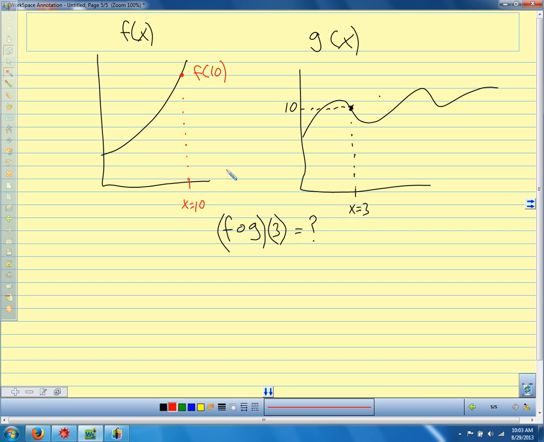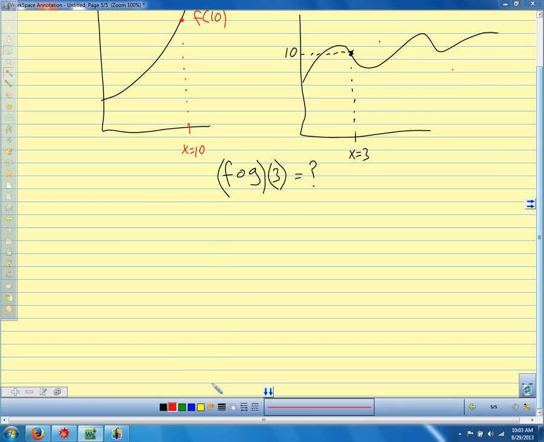There are a couple of problems on your homework where you're given graphs of two functions, nice lines. I got a lot of questions about these the other day, so I just wanted to go over them first.